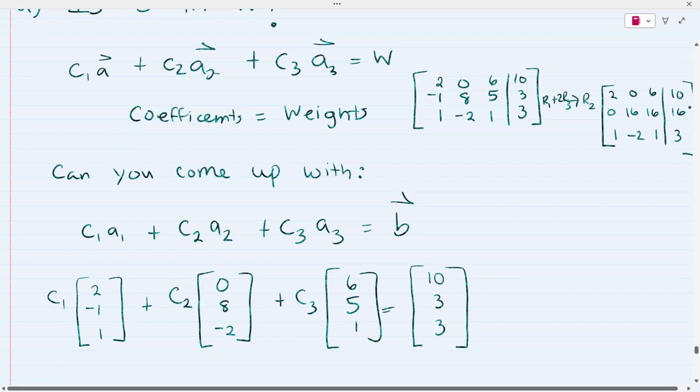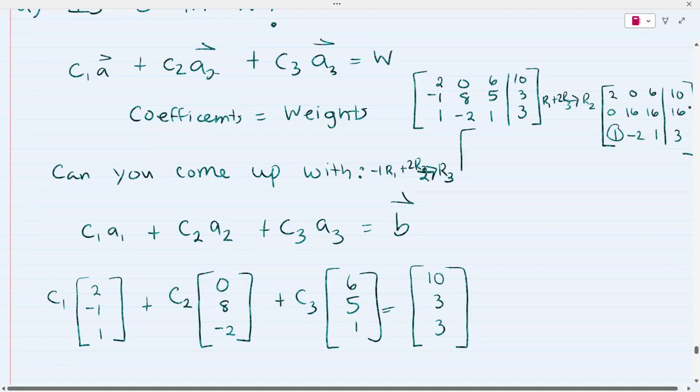Okay, and then what we're going to do next is make this 1 into a 0. So that's going to be in row 3. And to do so, you're going to do -1 times row 1 plus 2 times row 2. And that'll give us your new row 3.